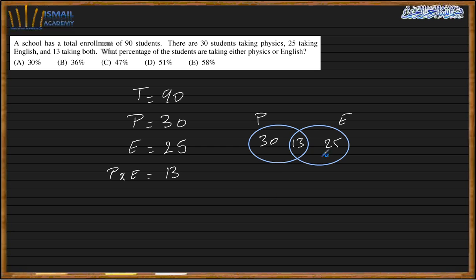I need to find the total number of students first, which is 30 plus 25 minus 13. So it's 30 plus 12, which is 42.